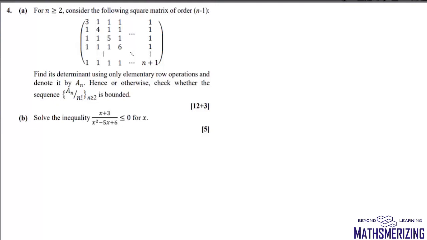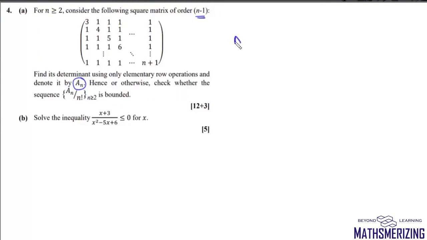Now question number 4a is, consider the following square matrix of order n minus 1, and this is 3 1 1 1 1, 1 4 1 1 1, and then finally 1 1 1 1 n plus 1. Now we need to find its determinant using only elementary row operations and we denote it by an, and then hence or otherwise check whether the sequence is bounded.